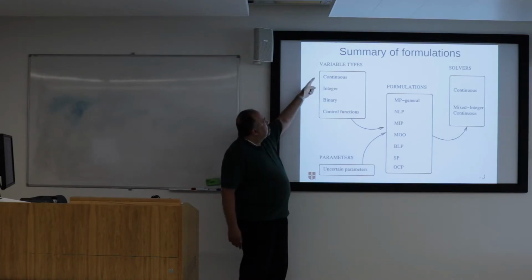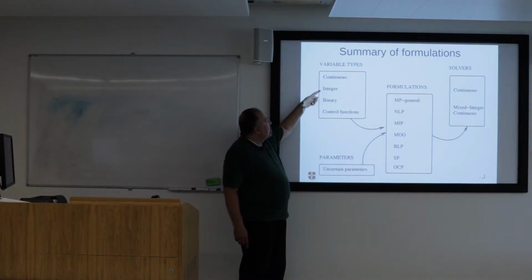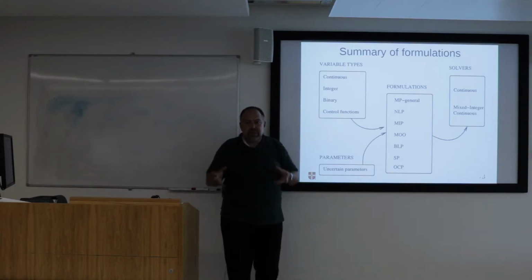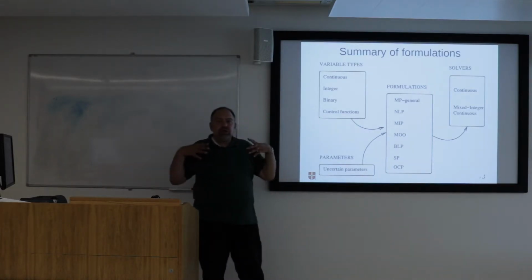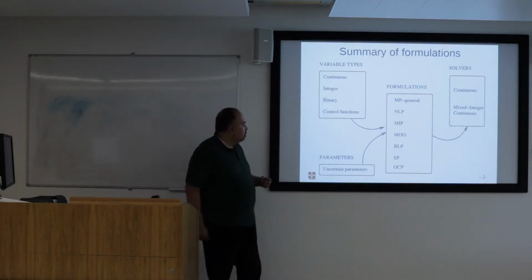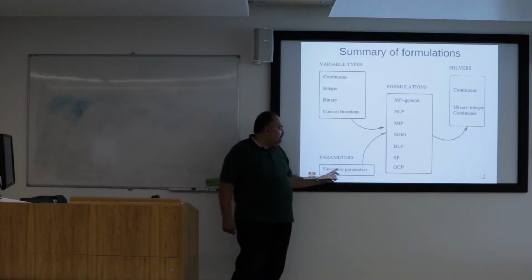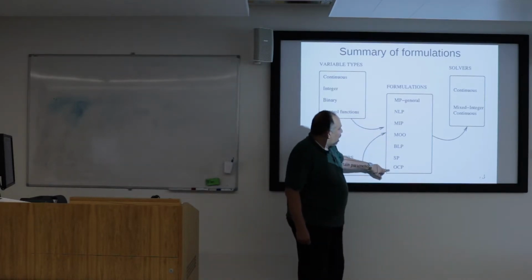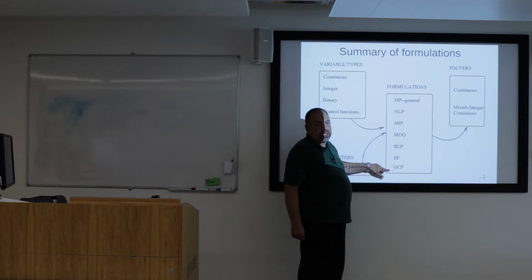In terms of variables, you may have continuous variables, integer, or binary, and you may have control functions as arguments to what you are trying to extract or design with an optimization problem. In terms of parameters, we may have the case of what we just saw, which is uncertain parameters. And the formulations are these types, which we've just looked at.